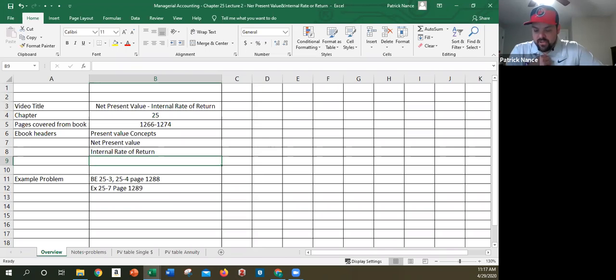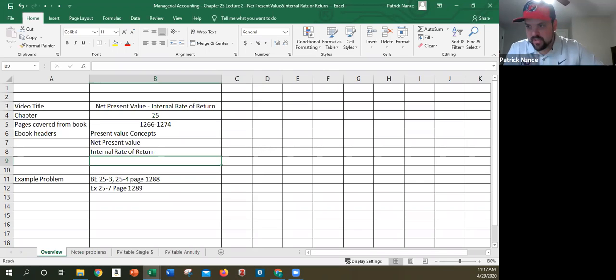So if I said, what's the value today of 1.404 3 years from now at a discount rate of 12%? I would take that number divided by 1.12, then divided by 1.12 again, and again, to get back to its present amount. However, there's an easier way to do that, and that is to use a table.